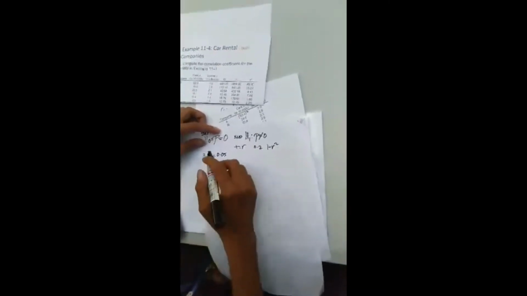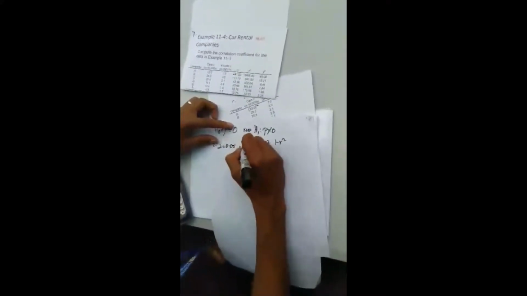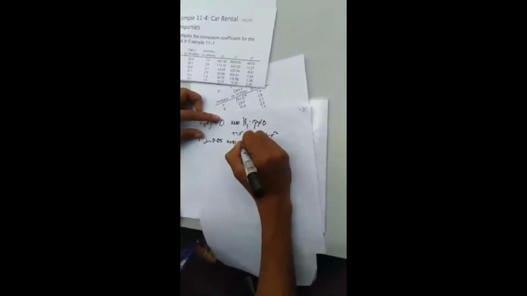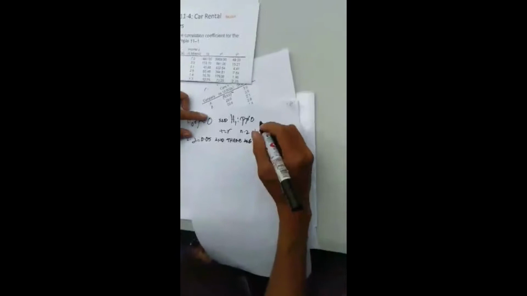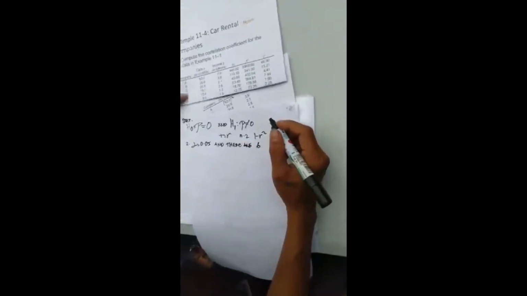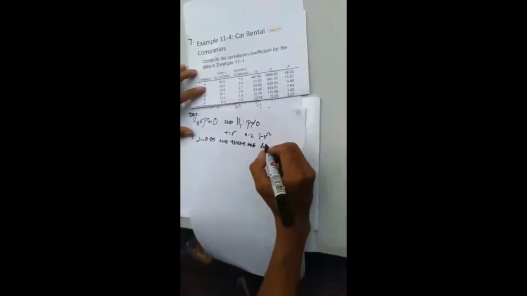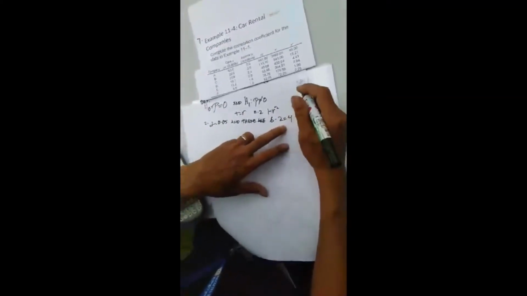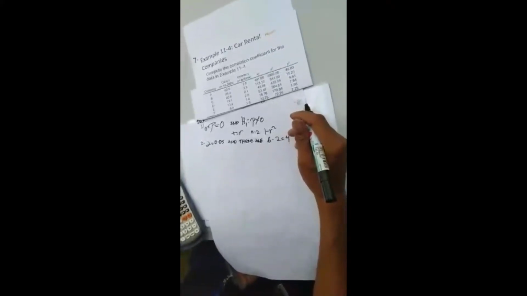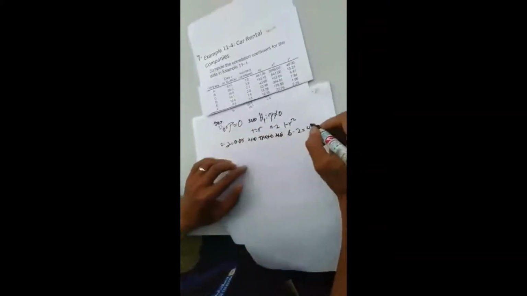So sa pangalawang proseso, meron pa tayong alpha dito na 0.05, and n niya is 6 kasi 6 yung nandito sa company, 6 na kumpanya, minus 2. So meron tayong 4. Meron kasing sinasabi dito na with degrees of freedom equal to n minus 2. So ito po yung degrees niya, 4.